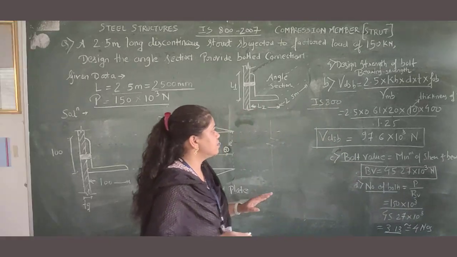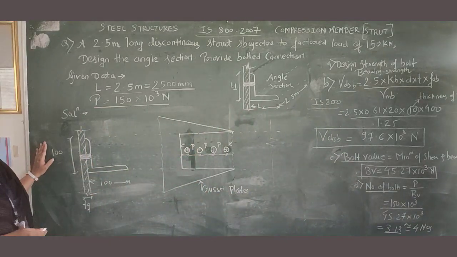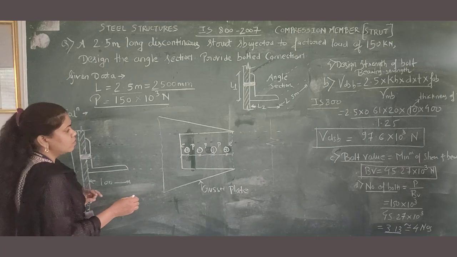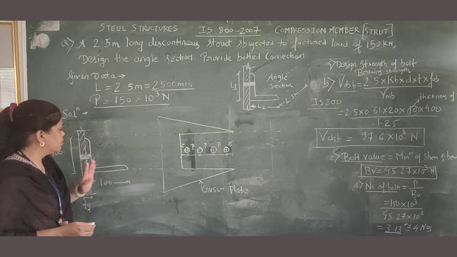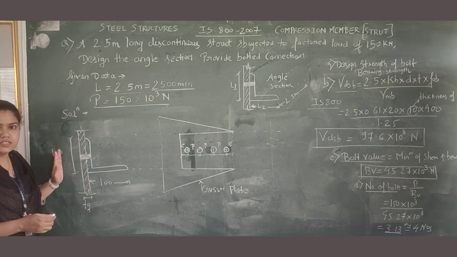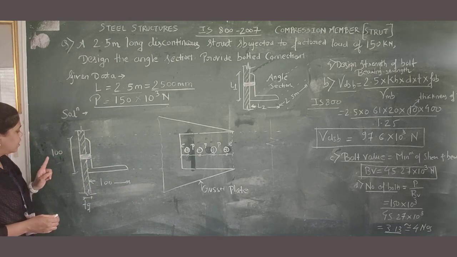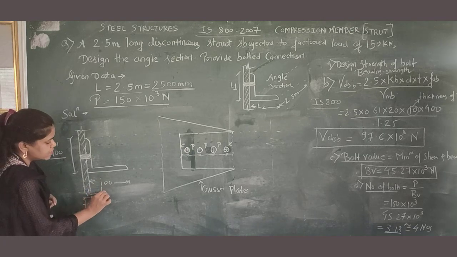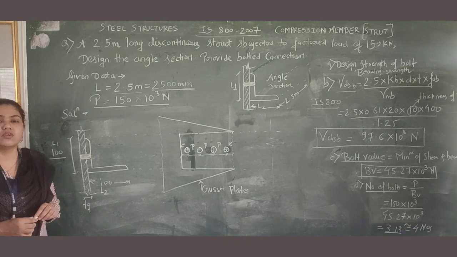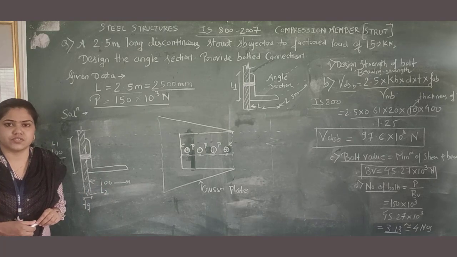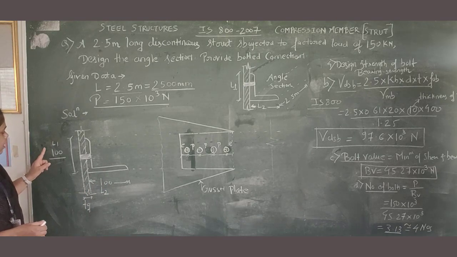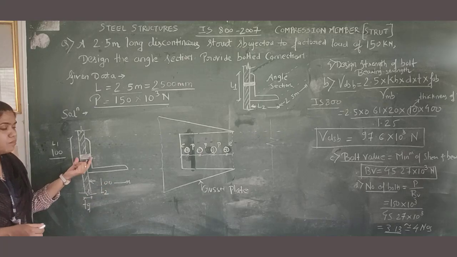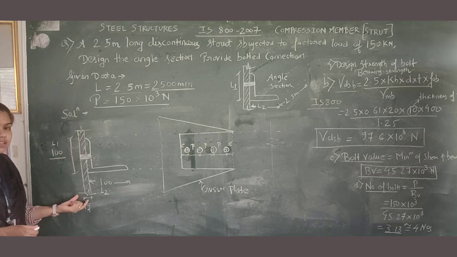Basically this is the diagrammatic representation, the detailing of this angle section, right? Here one angle is used, that is a single angle, having L1 as 100 mm and L2 as 100 mm, because we selected the equal angle section. So 100 mm is the length of one leg, 100 mm is the length of the other leg.